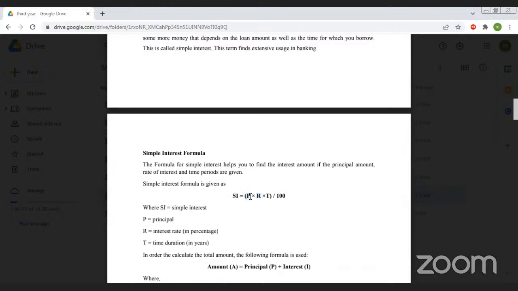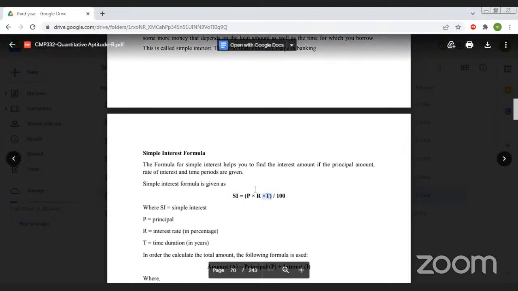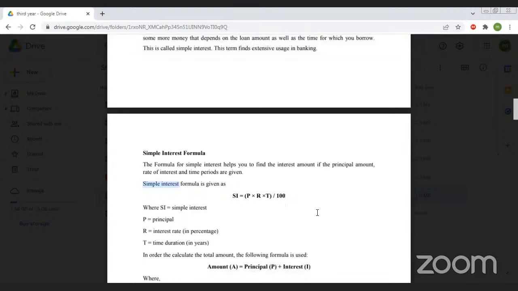That becomes your principal amount. The bank gives you 5% rate of interest, so that becomes your R, and T is for how many years. Let's say I want to deposit this 100 rupees for 1 year, so your time period will be 1. So the formula for simple interest is P into R into T upon 100.